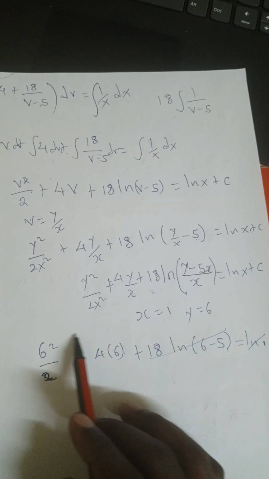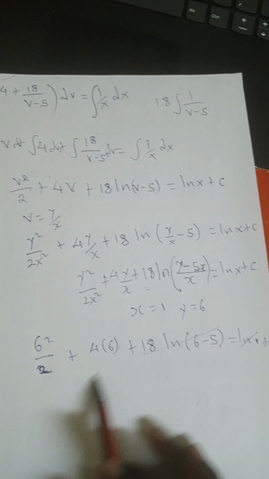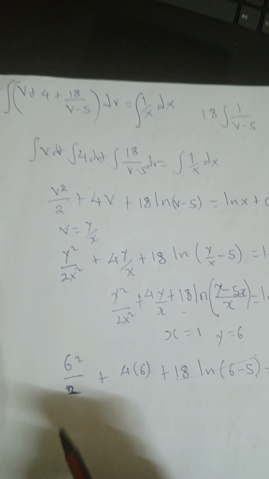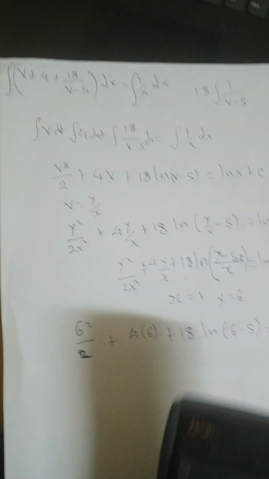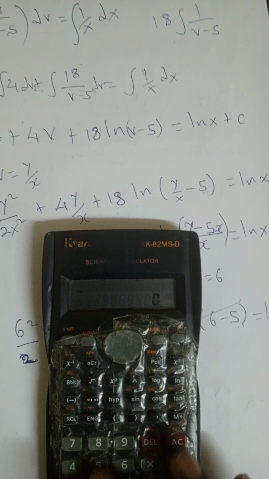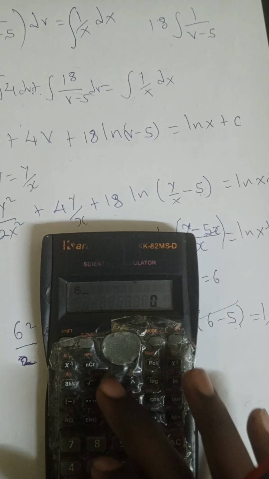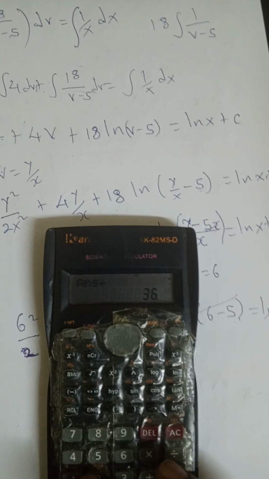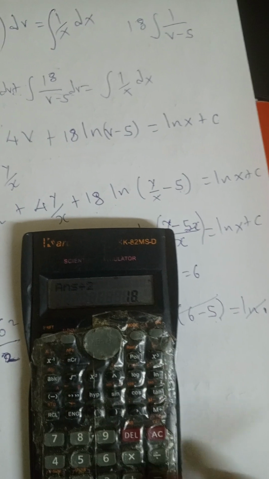Now our main interest is in this. So what is 6 squared? You can use your calculator. 6 squared is 36. 36 divided by 2 is 18.